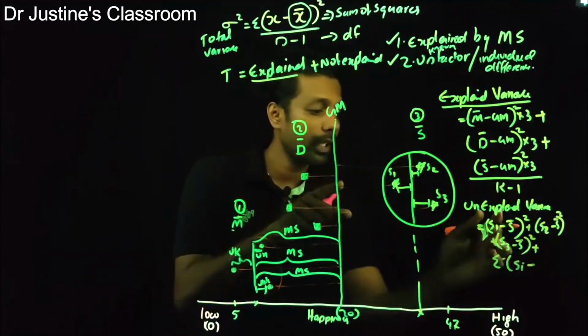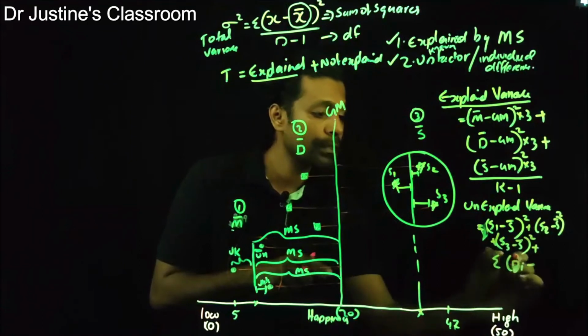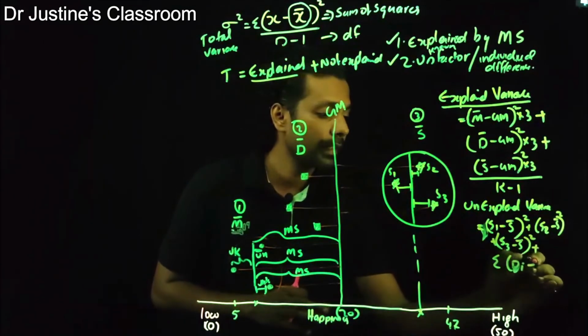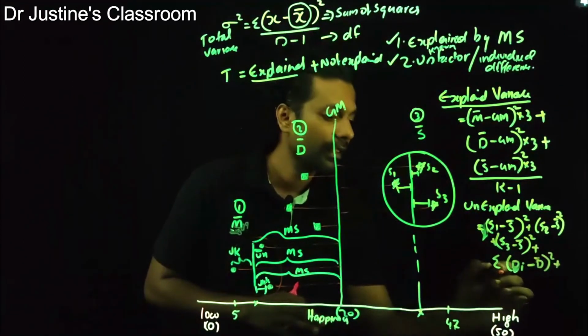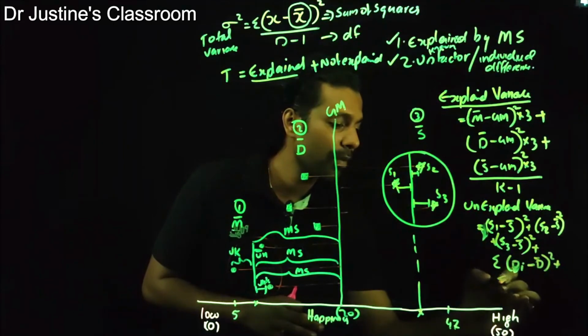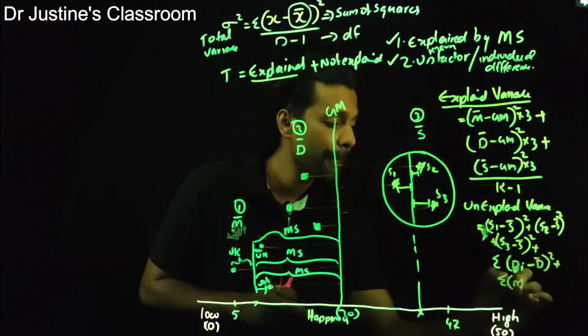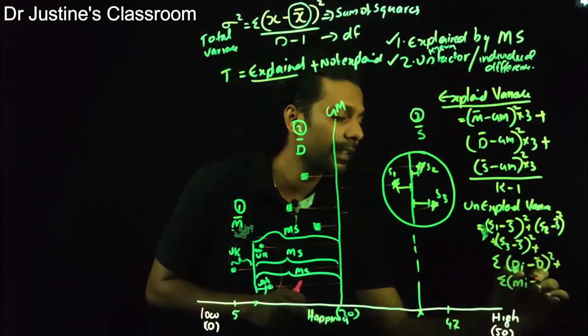Oh, I have already written S, so I'm going to write D, divorced person: first person, second person, third person, Si minus the mean of D, squared, plus the sum of M, married people, I'm going to write i, minus the mean of M, squared.